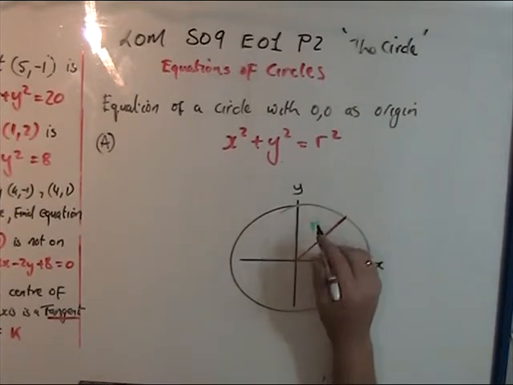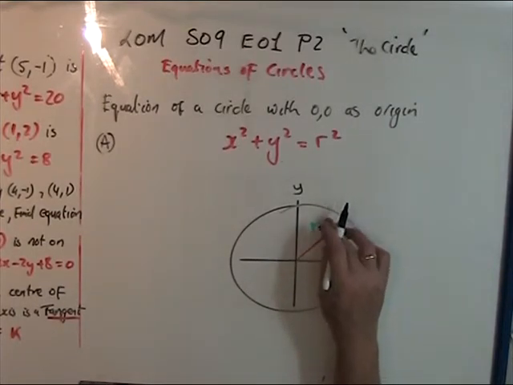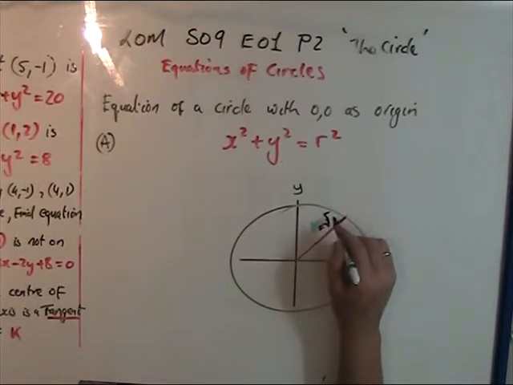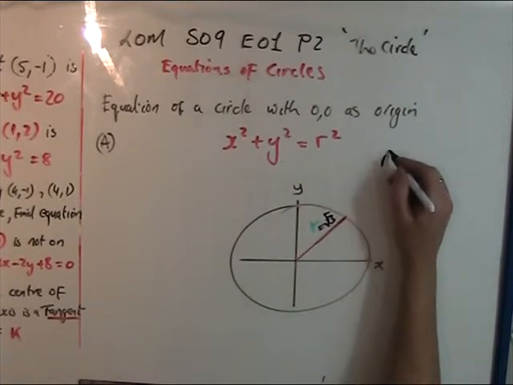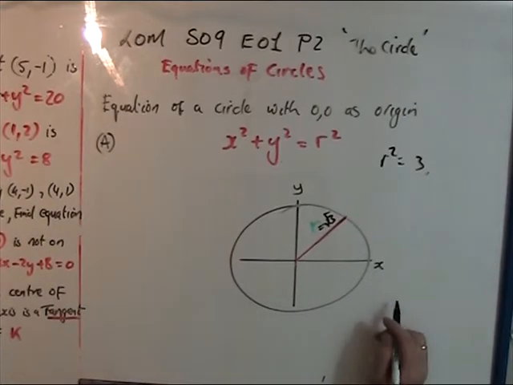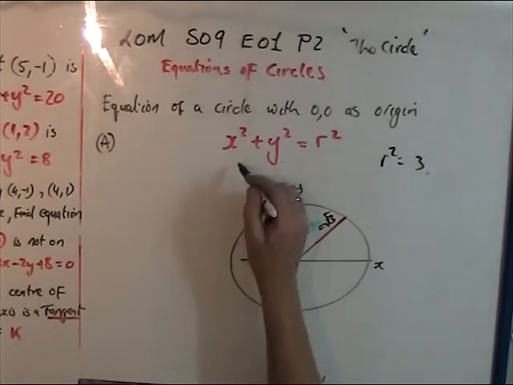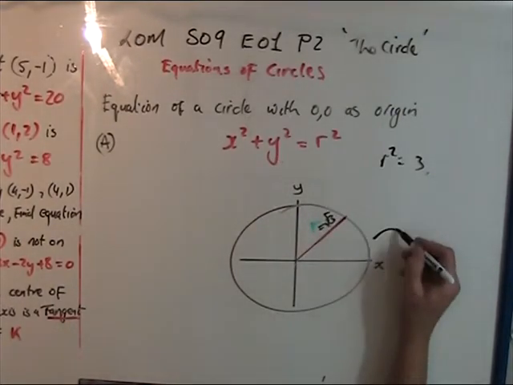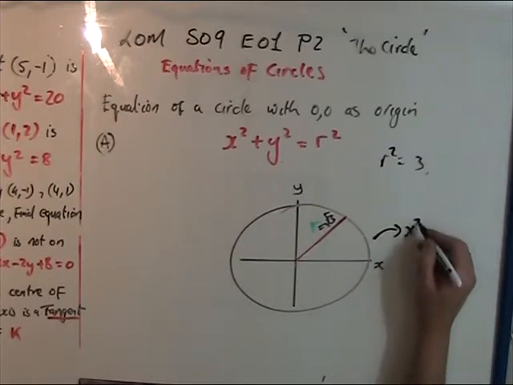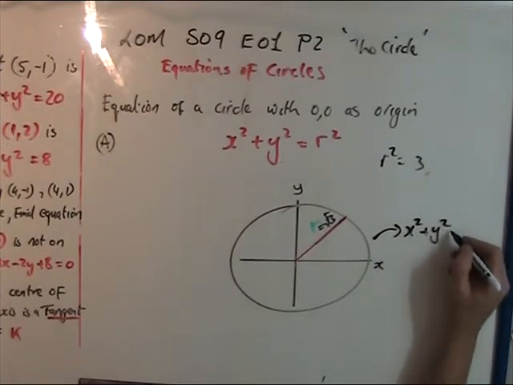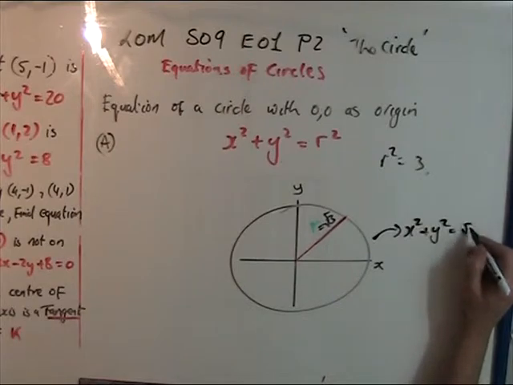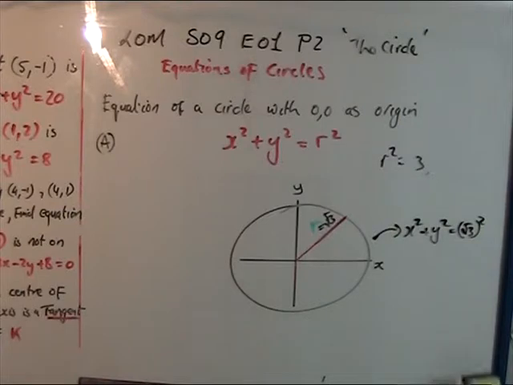If r is equal to the square root of 3, then r squared is equal to 3. So the equation of this circle would be x squared plus y squared is equal to r squared, which is root 3 all squared, which is equal to 3.